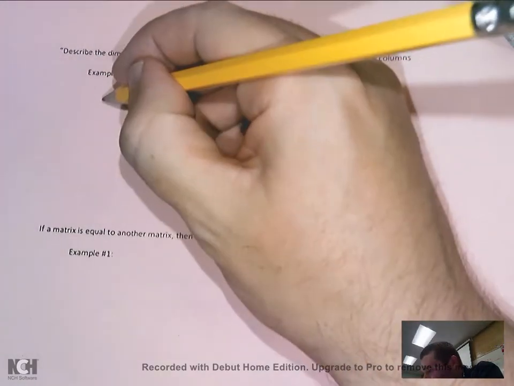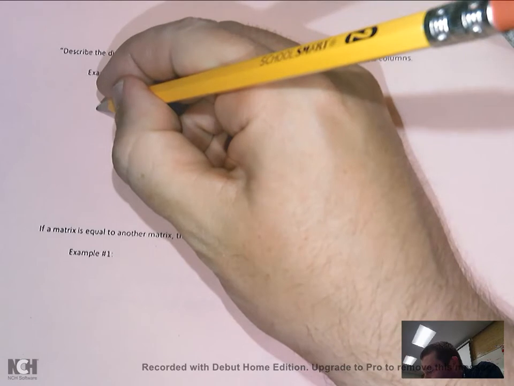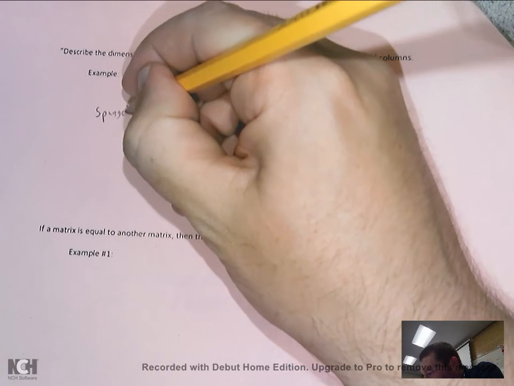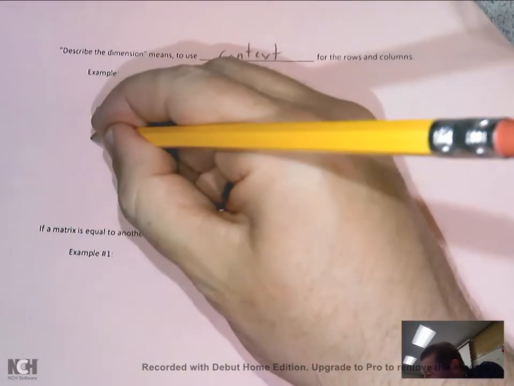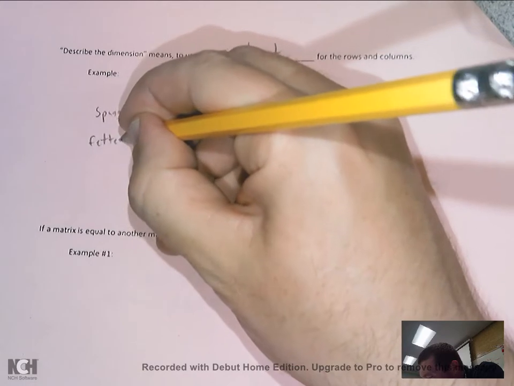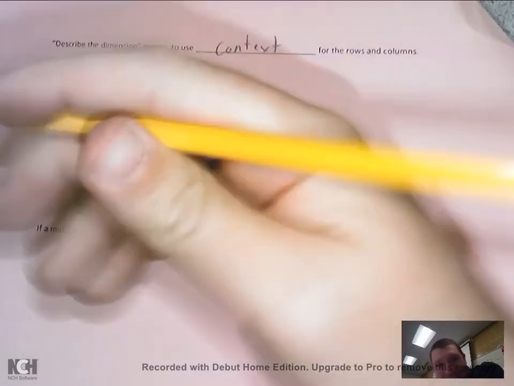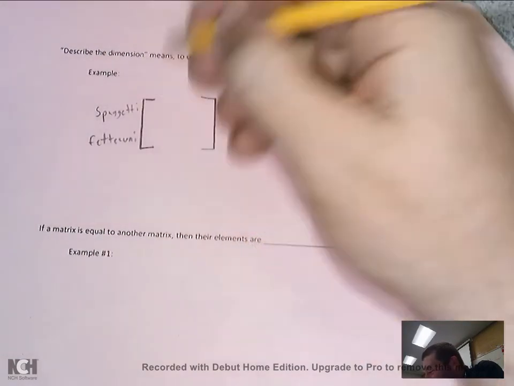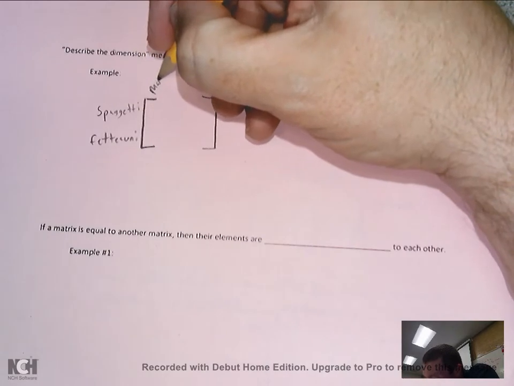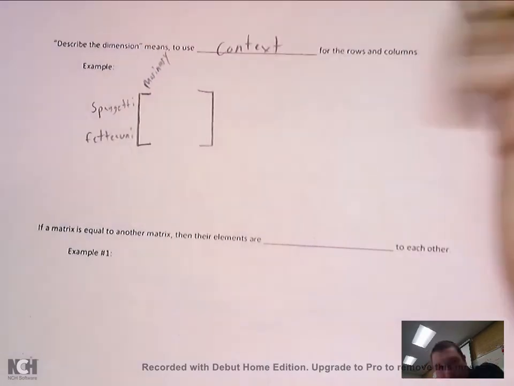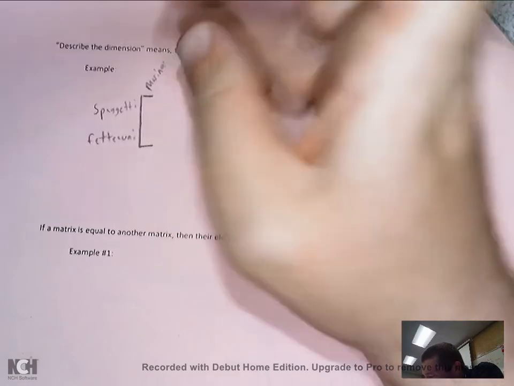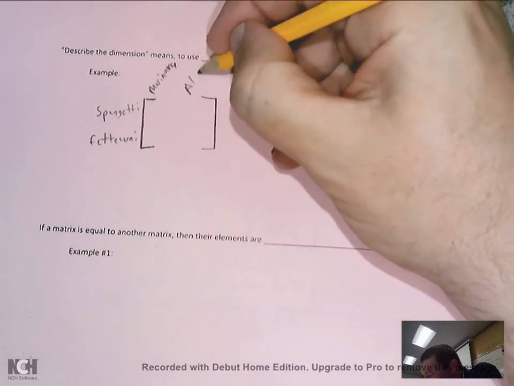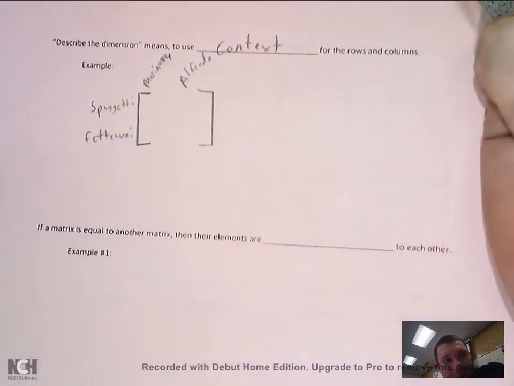Let's say it's the number of people that order spaghetti noodles or fettuccine noodles. I definitely don't know how to spell that. And then let's say we also have people that want the marinara sauce, the red sauce, or Alfredo. I think I can spell Alfredo.